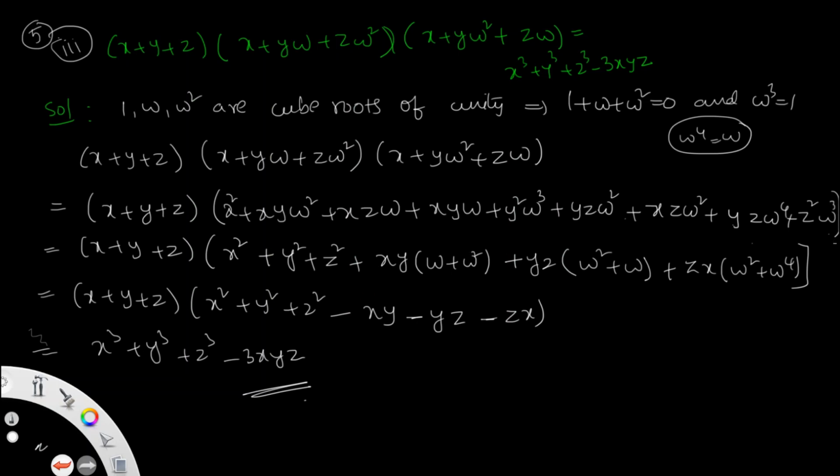The xy terms: here xy is there, here xy is there, so omega plus omega square is common. The yz terms: omega square plus omega, and zx equal to omega square plus omega power 4, which is nothing but omega only. Omega power 4 is omega.